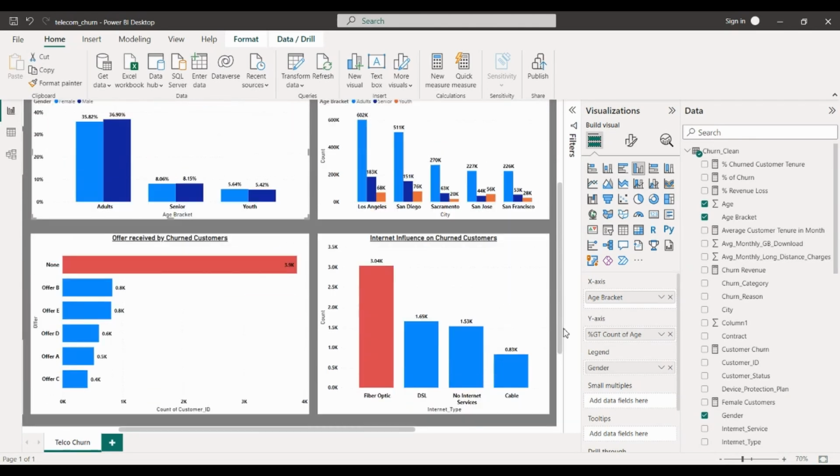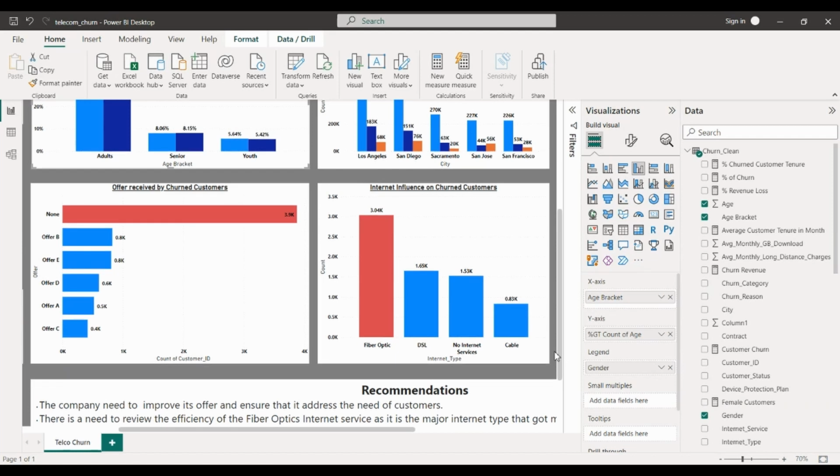Now, what are the key factors? What are basically the key drivers of customer churn? As we saw, almost 3.9k customers did not receive any offer and were not happy with that.